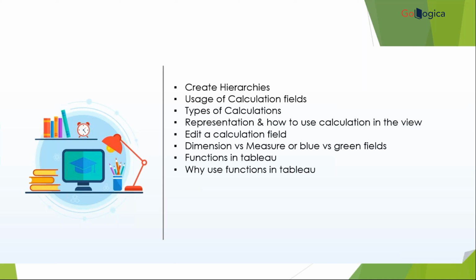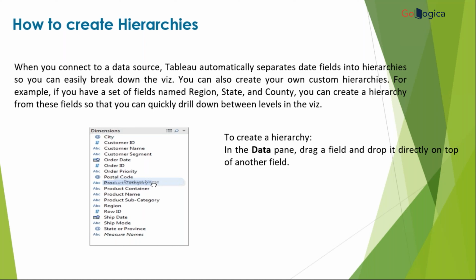If we learn about those functions, then it's easy to write the calculations, and with all the functions, we will be able to create or visualize anything in Tableau. When we connect to a data source, Tableau automatically separates date fields into hierarchies, so you can easily break down the visualization. You can also create your own custom hierarchies.